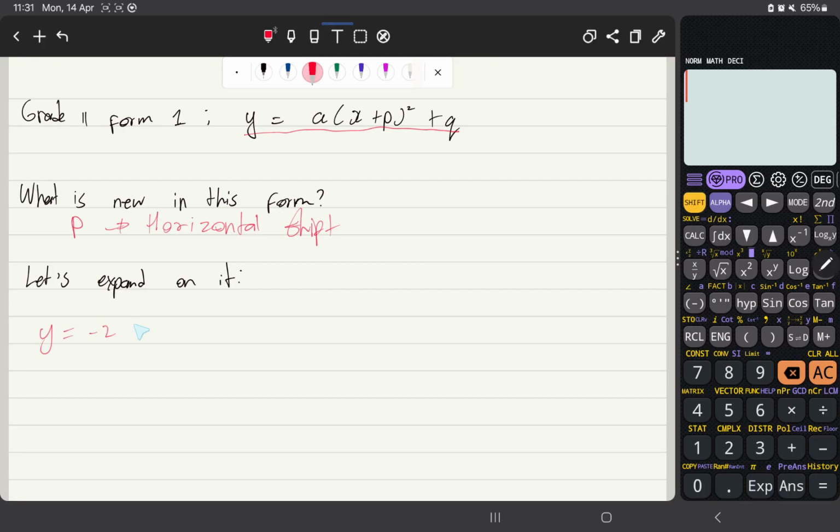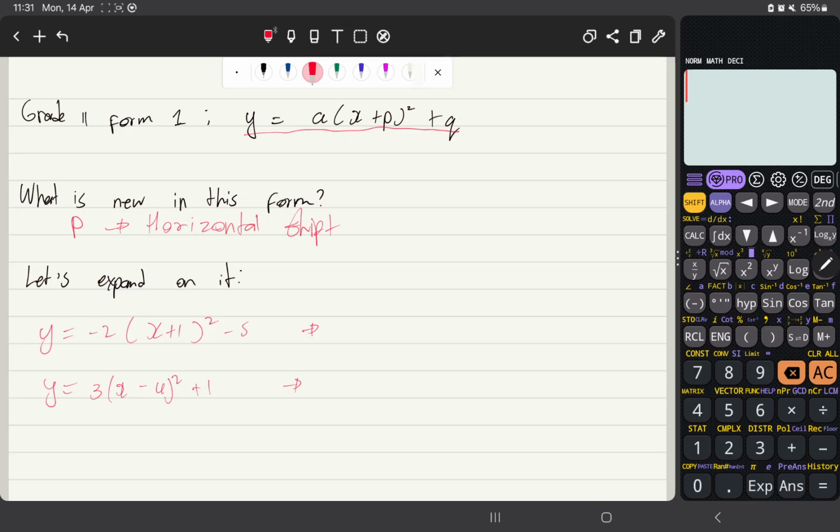Say y equals 2(x + 1) squared minus 5, and then I have another, y equals minus 3(x minus 4) squared plus 1. I'm going to talk about those in a minute.